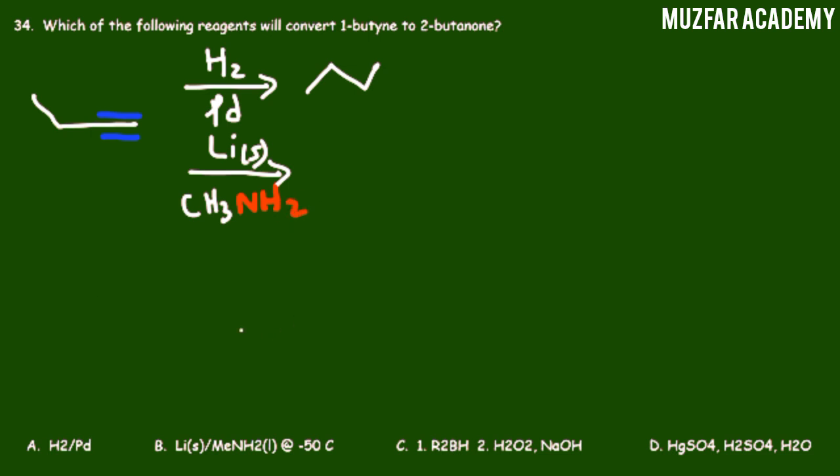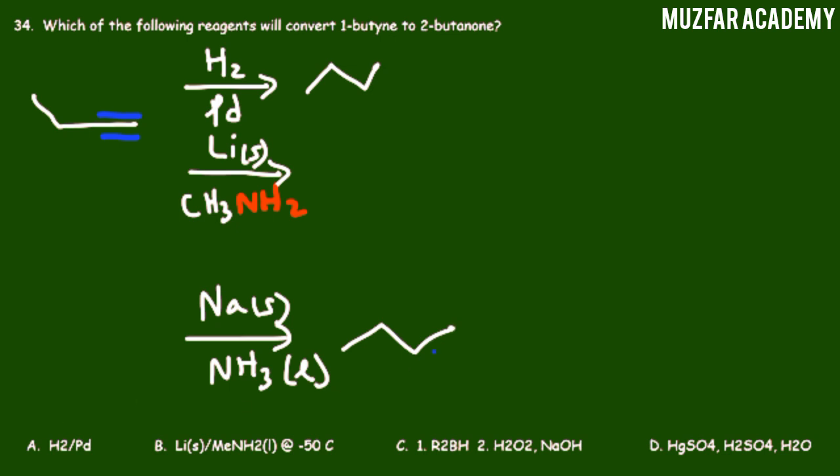Now, that reaction is very similar to this reaction, where you have solid sodium metal and liquid ammonia. This reaction will convert an alkyne into a trans alkene, but because we're dealing with a terminal alkyne, we're going to get a terminal alkene, and cis and trans doesn't really apply for that.